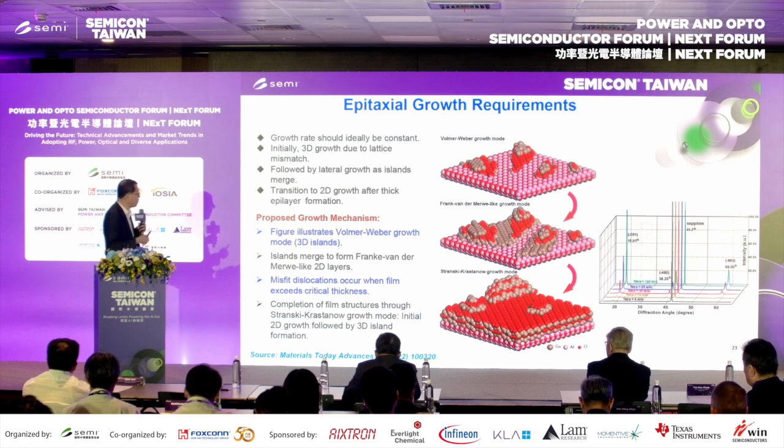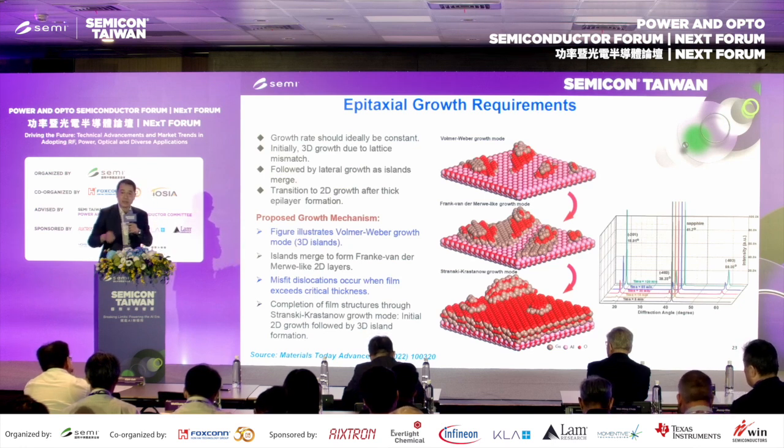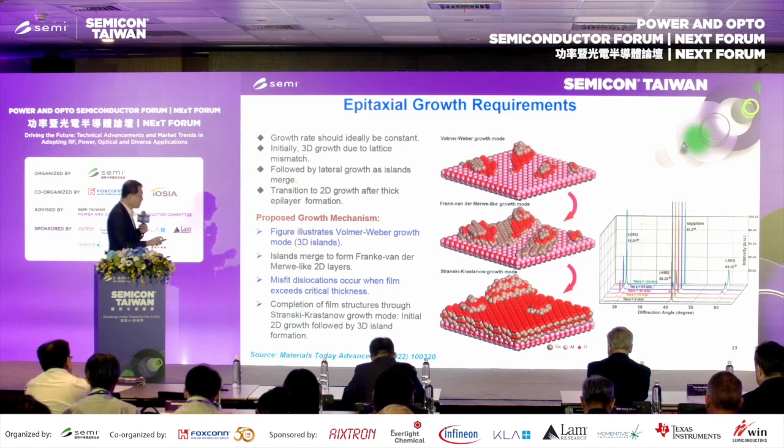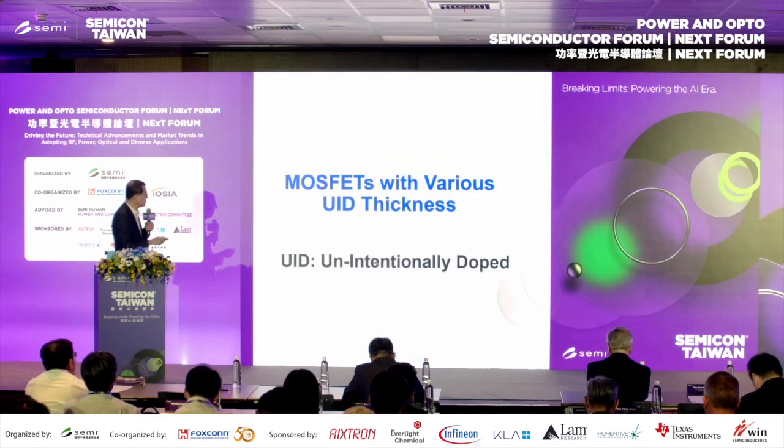So we have to overcome it with interface engineering, something like gallium nitride on silicon. It can be overcome by interface engineering to achieve a smooth gallium oxide epilayer.